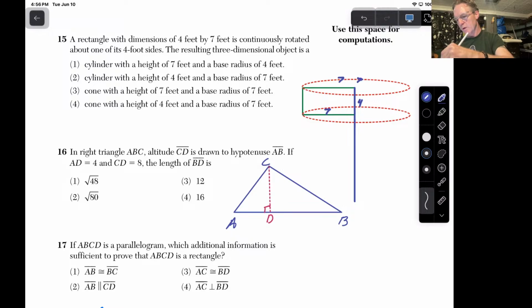It's going to create a cylinder with a height of 4 and a radius of 7. So those problems I don't think are too bad.